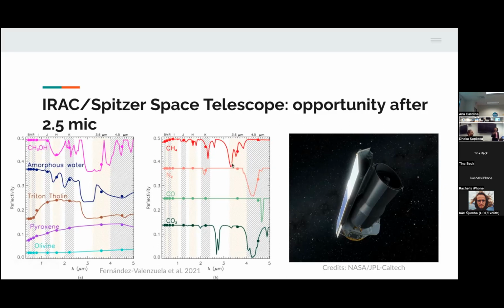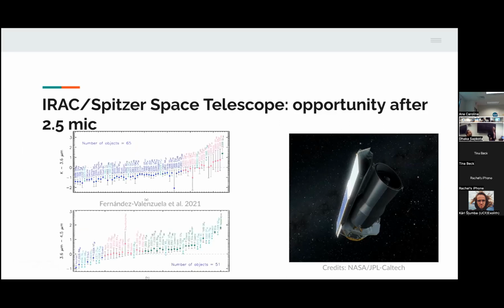And in that way, if an object has no information in the visible or in the infrared, with those fluxes you can have some kind of indication about what is going on in the surface composition. So Fernando Valenzuela and collaborators, in 2021, analyzed a sample of TNOs, and in the top box here they have only objects with absorptions at 3.6 microns, in channel 1 of Spitzer, and more than 50 objects with absorption bands in channel 2.